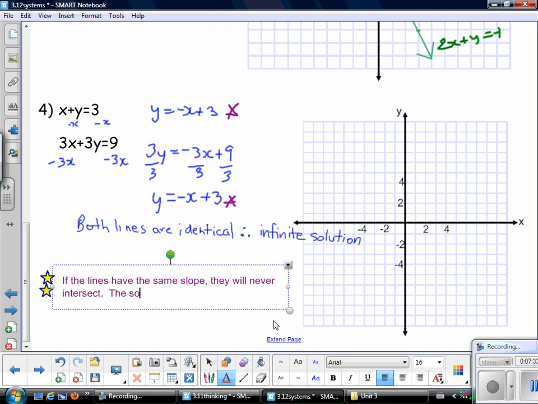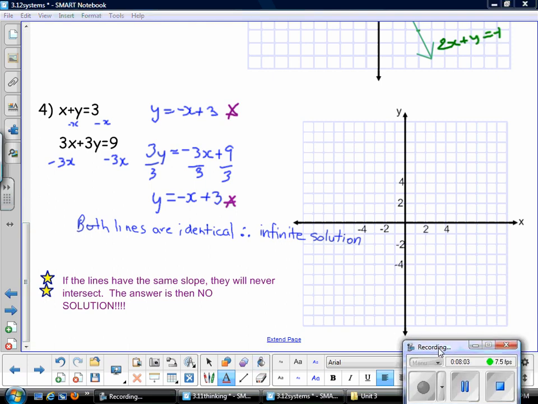The answer is then no solution. Okay, so it is possible that that happens as well. And actually, if you can recognize it, it saves you having to graph two lines. But that's not a whole lot either because you guys are so good at it now. Okay, so there's your last lesson of this unit.